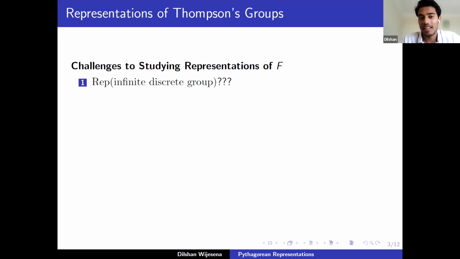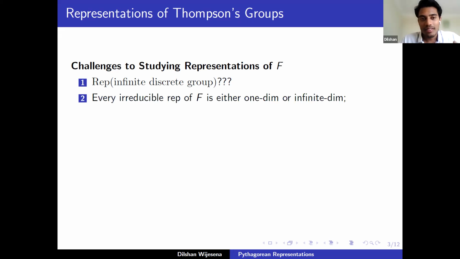So that indicates that even for such groups, it's going to be quite a difficult task. That's quite a general statement. If we talk more about F in particular, then we have this interesting fact, which is that every irreducible representation of F is either one-dimensional or infinite dimensional.